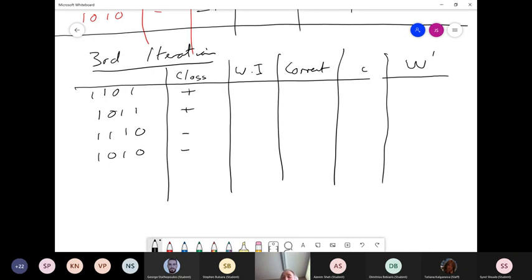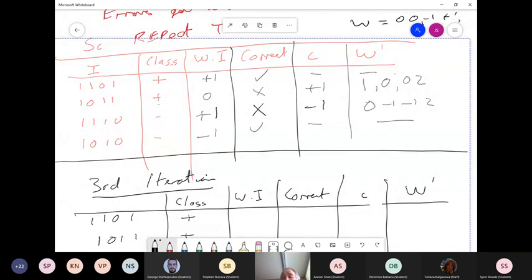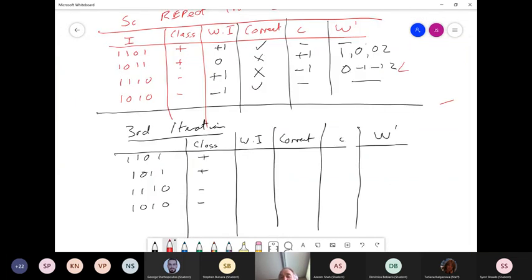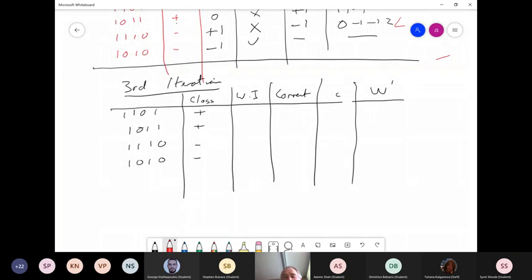We're now coming into this third iteration with a weight vector which was this one here. So it was 0, minus 1, minus 1, 2. So let's just note that: 0, minus 1, minus 1, 2.